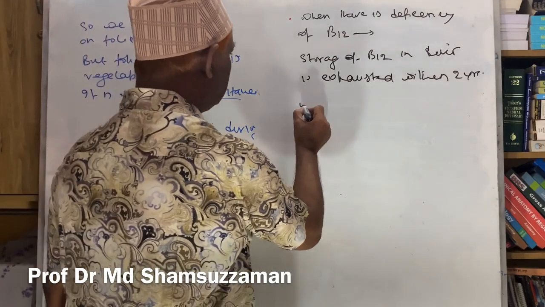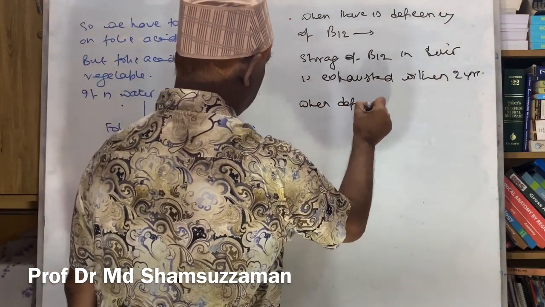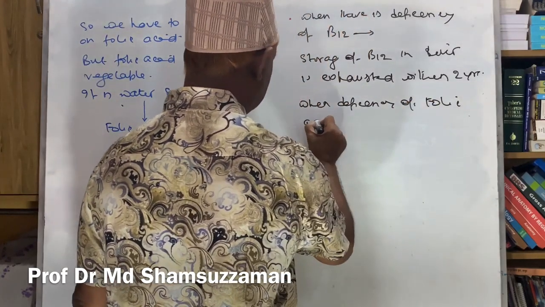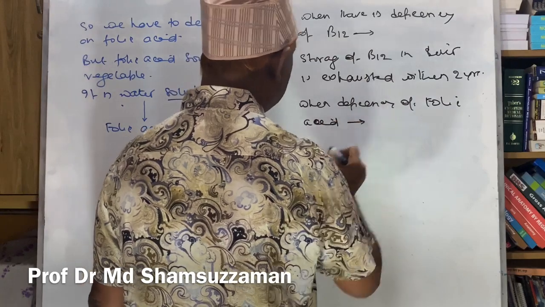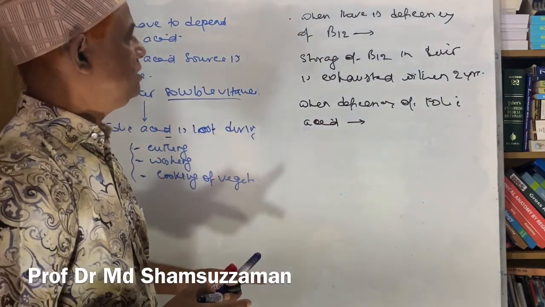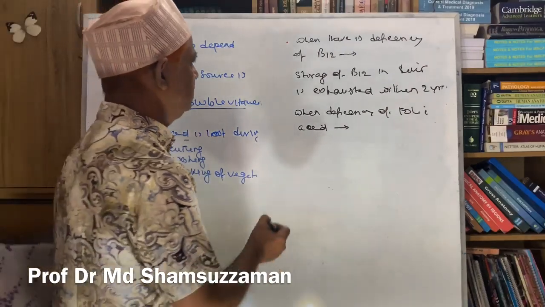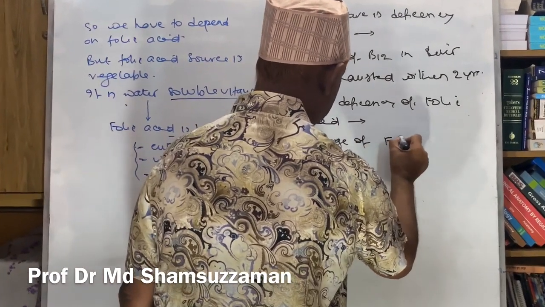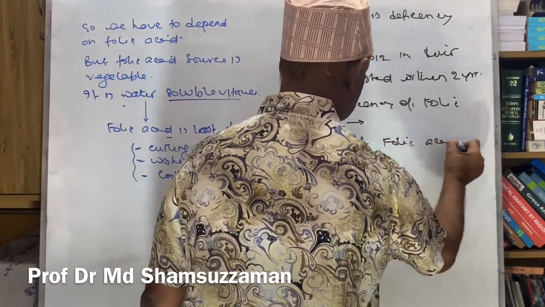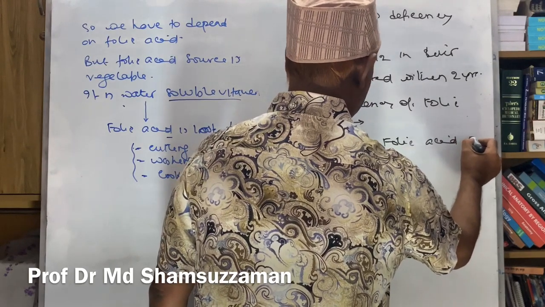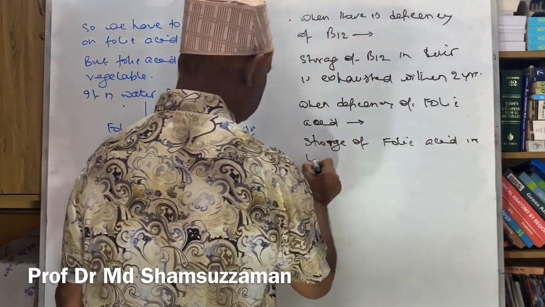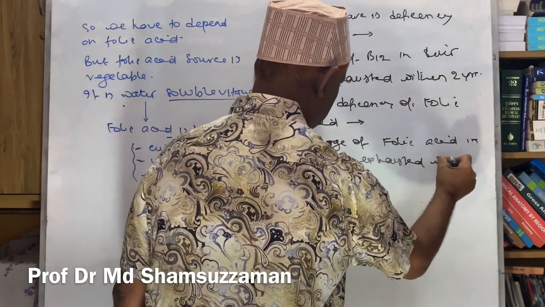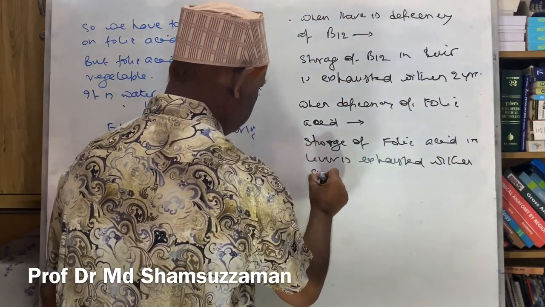But when there is deficiency of folic acid, the liver storage of folic acid is exhausted within 6 months.